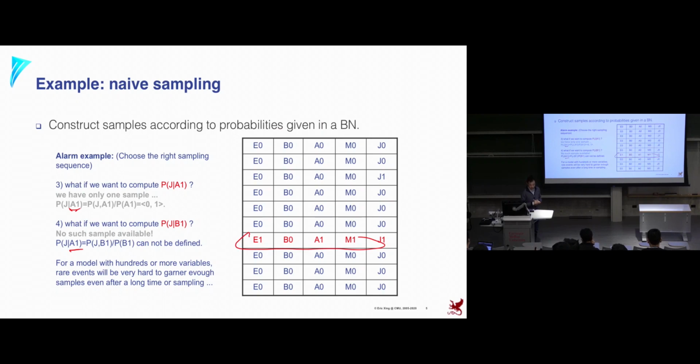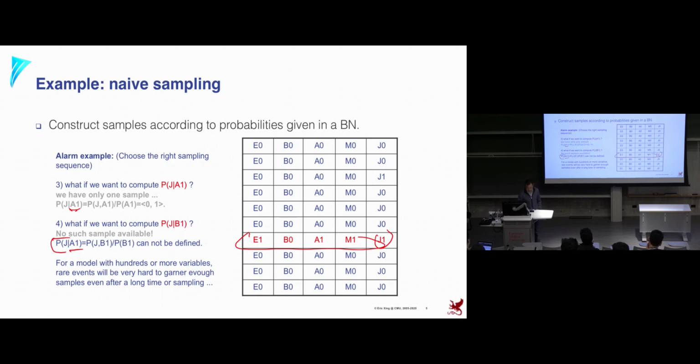And computing this conditional probability of J given A equals 1 becomes a little bit tricky because one of the events, John equals 0, doesn't even exist. It has 0 probability. The other has 100% probability. So this already says something: there are not enough samples. You need to draw many, many examples so that some rare events can exist.